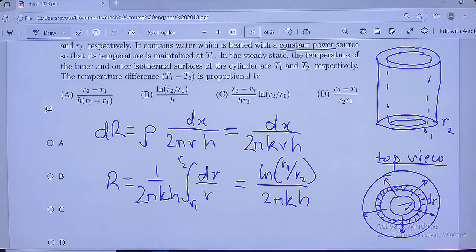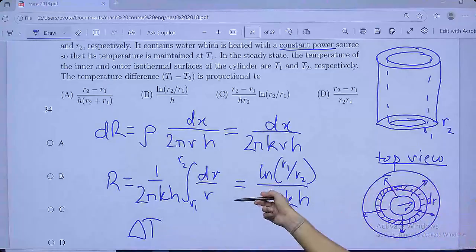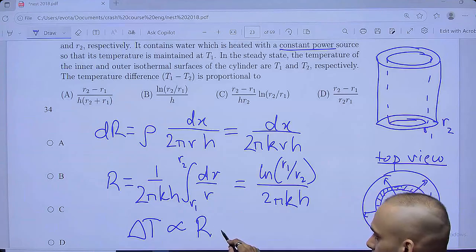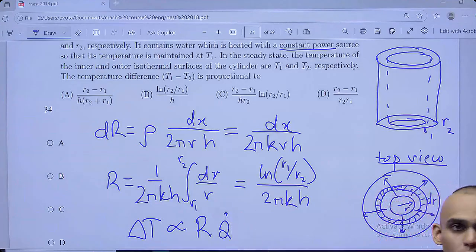This is the thermal resistance across the inner and outer radius, right? So the temperature difference delta T will simply be proportional to this thermal resistance R into the heat current Q dot, which we know is constant.